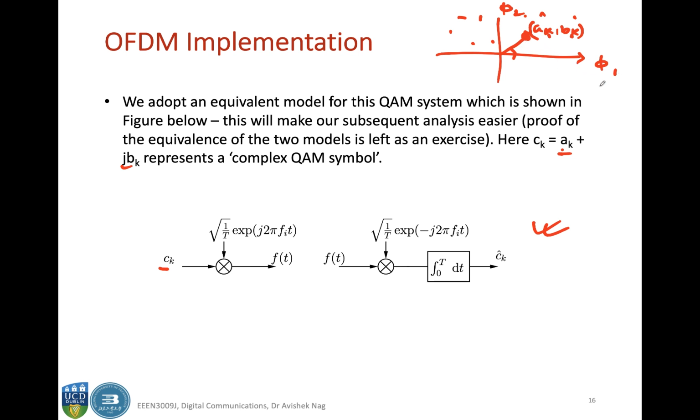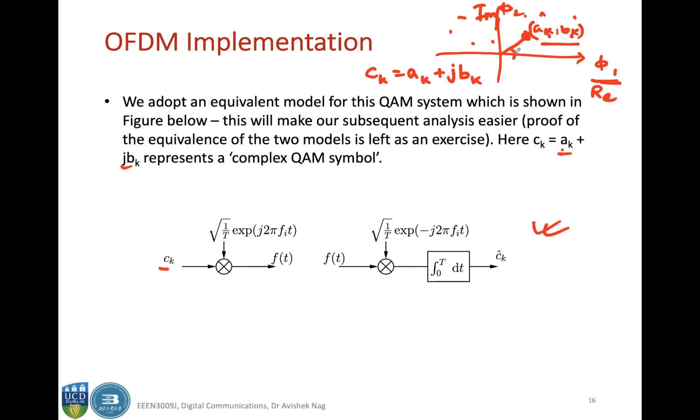Now if you imagine that this is the real axis and this is the imaginary axis, then you can represent this same signal as a complex number CK, where CK is equal to AK plus JBK, and both representations are equivalent.